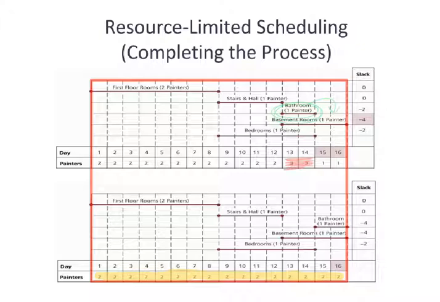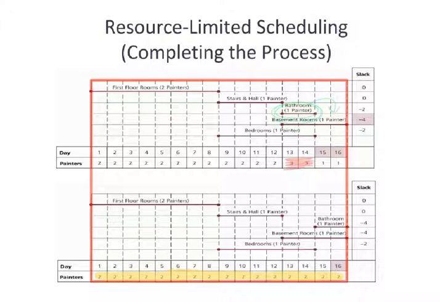That was our goal. But in order to only have 2 painters involved, to limit our resources to only 2, we had to extend the project by a total of 4 days, and you'll see that is now the 4 days of negative slack that are on the bathroom and the basement items.